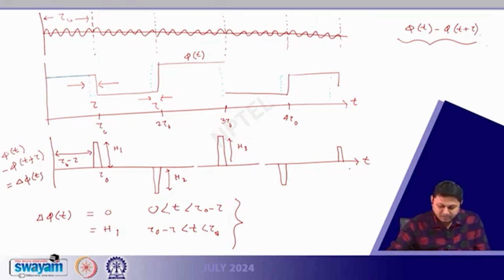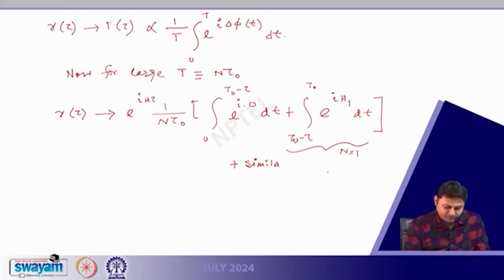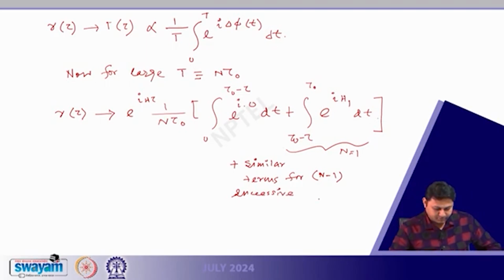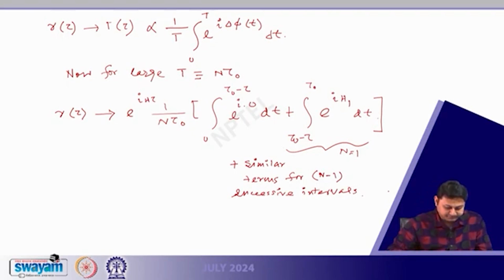If I start adding all these terms, we are going to get similar terms for n minus 1 successive intervals. Similar successive terms we are having.